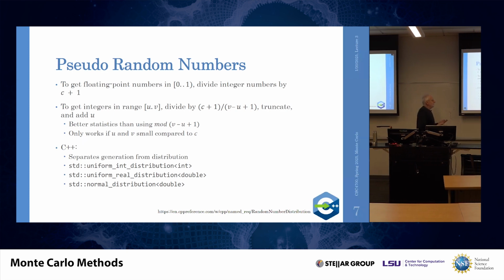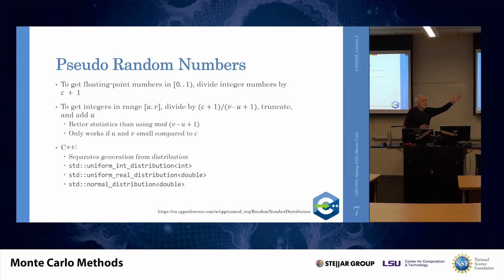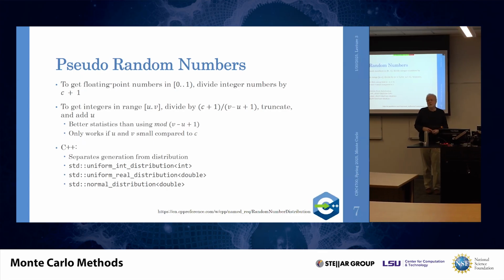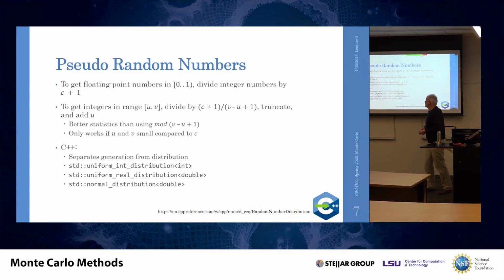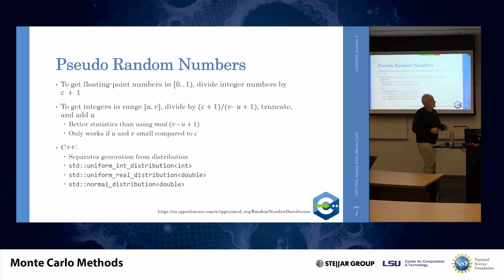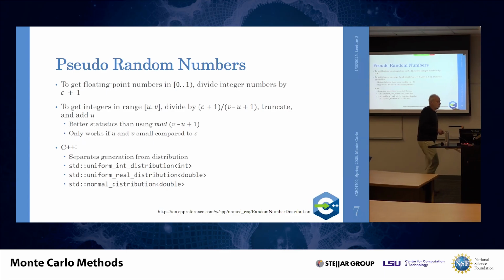If you want to get integers in a range between u and v, we just apply another very simple mathematical conversion, which will give us an evenly distributed sequence of numbers between u and v.